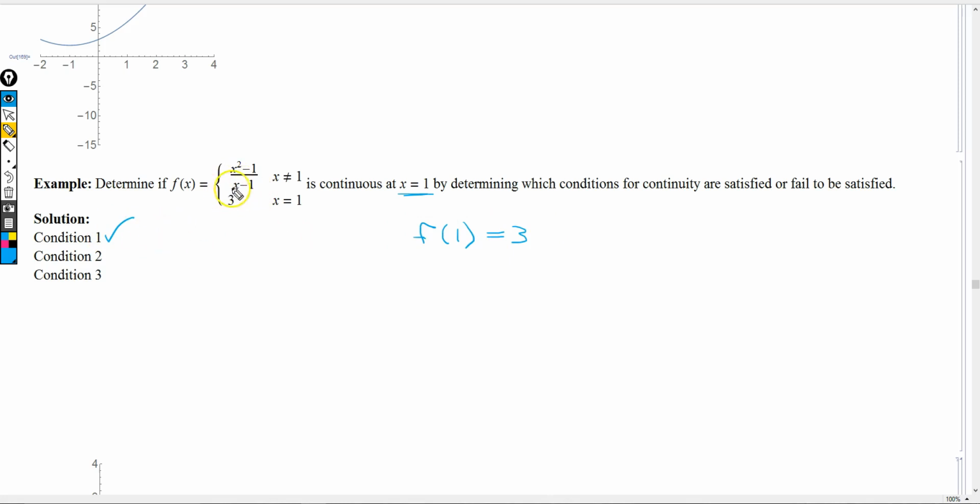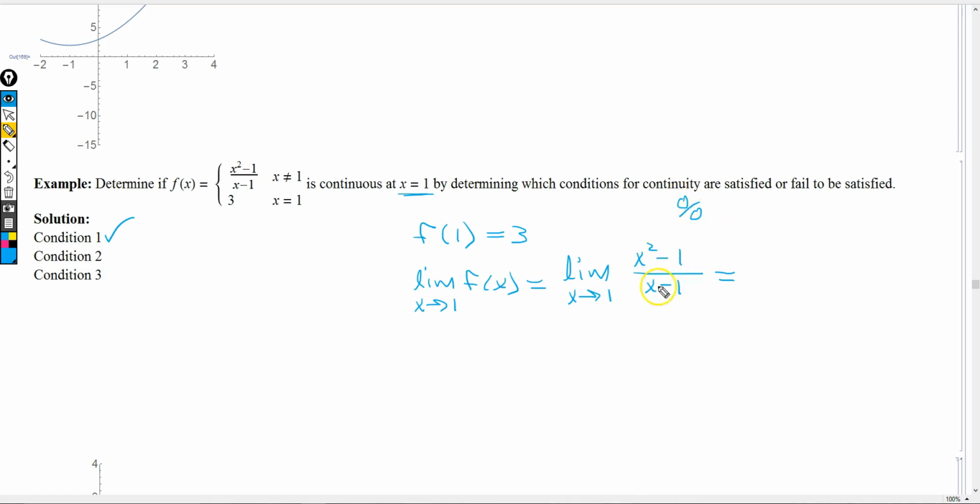Well, we need to take a look now at the limit. So what is the limit as x converges to 1 of f of x? Well, that's equal to the limit, and I have to use this piece of the function, x squared minus 1 over x minus 1. Now, to evaluate this limit, notice if I put 1 in for x, I get 0 over 0.